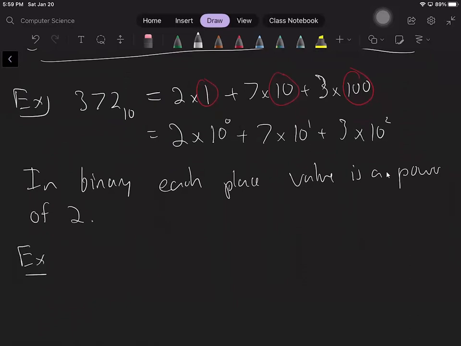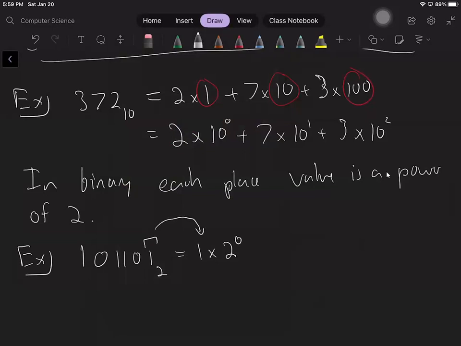So for example, 1 0 1 1 0 1 in binary means the same sort of thing as it did in decimal. It means you have 1 2 to the 0.